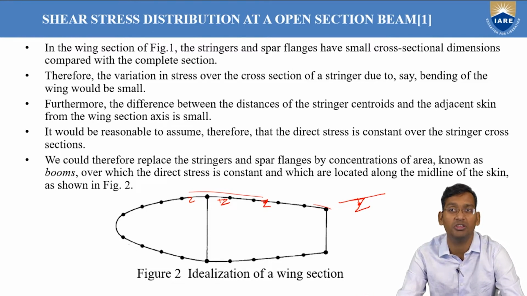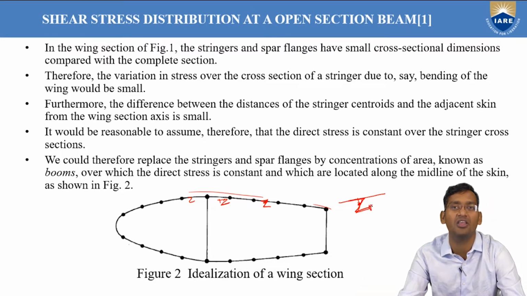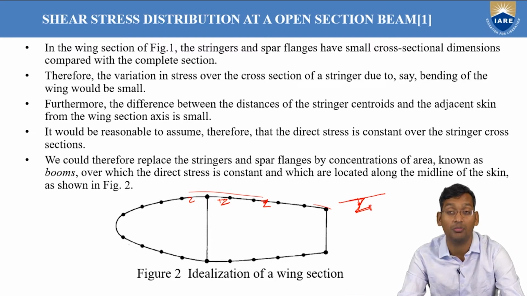It would be reasonable to assume, therefore, that the direct stress is constant over the stringer cross-section. So the cross-section of these stringers and spars is considered constant, not varying compared to the overall structure.